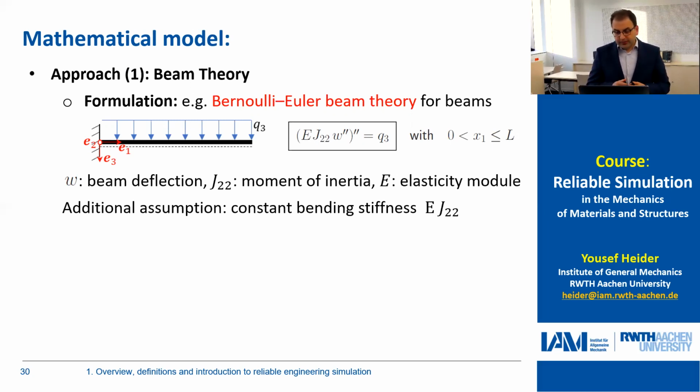It's a differential equation of fourth order, so we need to integrate this four times. In this equation, w is the beam deflection, I22 is the moment of inertia, and E is the elasticity modulus. We have an assumption here of a constant bending stiffness, to make things simpler.